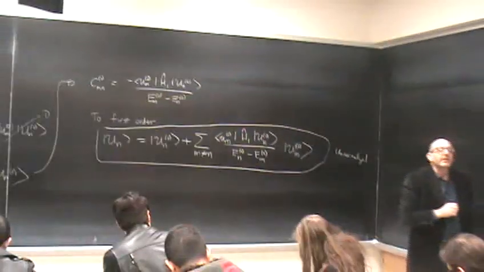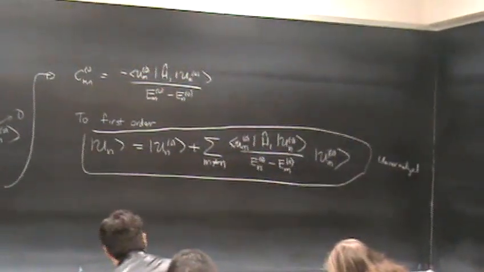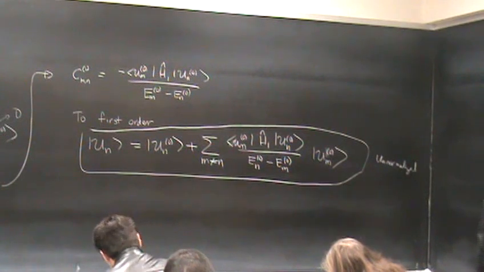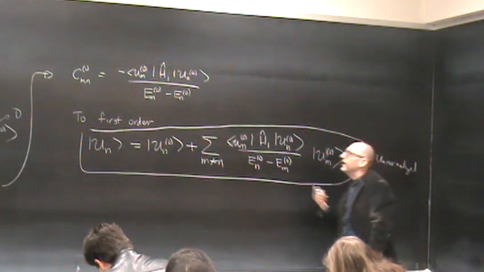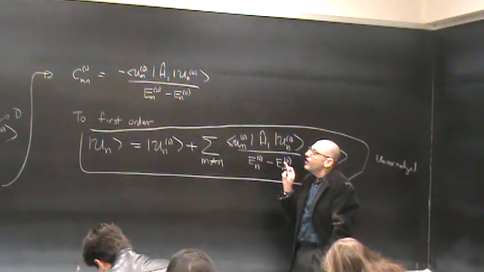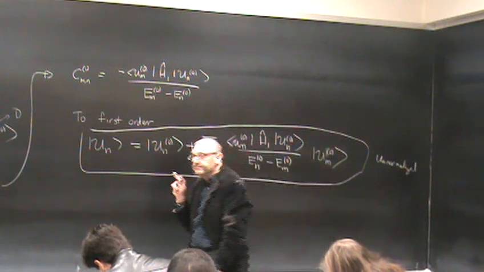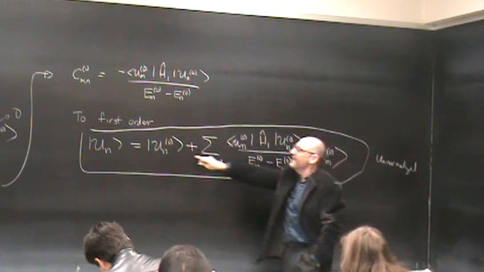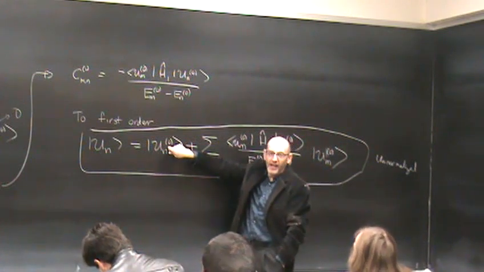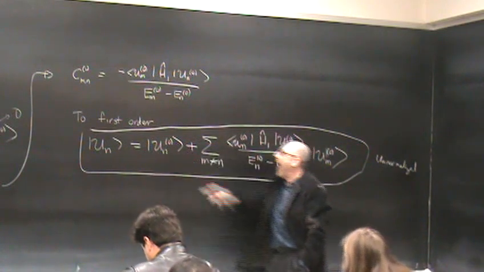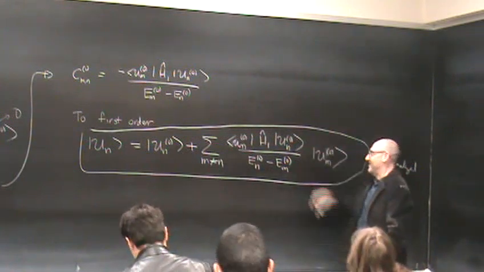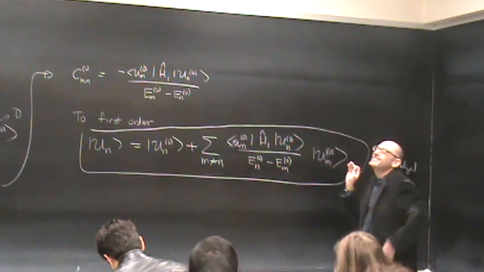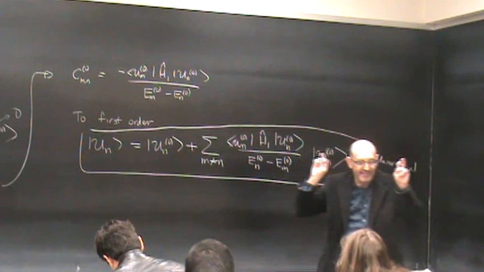Now here's a few very important points. What we notice here is that the effect of the perturbation is to take whatever was the original eigenstate of the Hamiltonian and mix in. It's not a mix in the statistical sense.